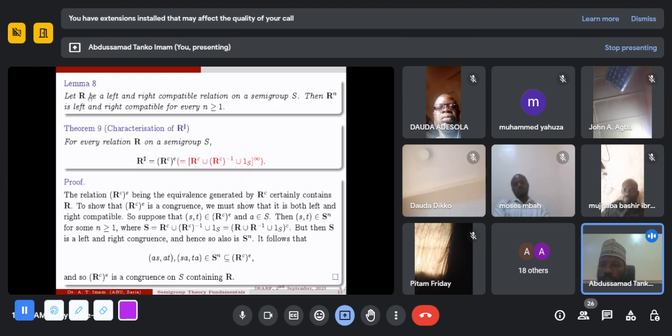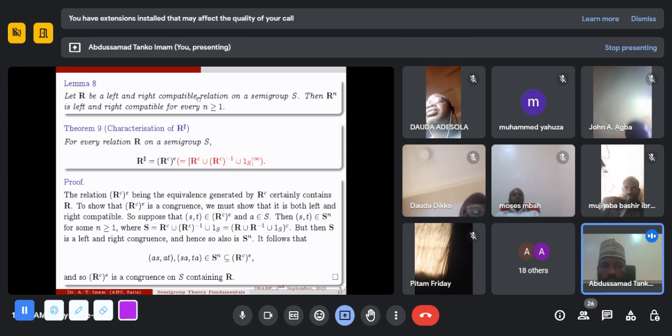And then we have another lemma. All these lemmas are in preparation for this characterization of R sharp, the smallest congruence relation containing R. We have one piece here which we present in a lemma: if you have a relation R which is left-right compatible, then the composition of R any number of times is also left-right compatible.